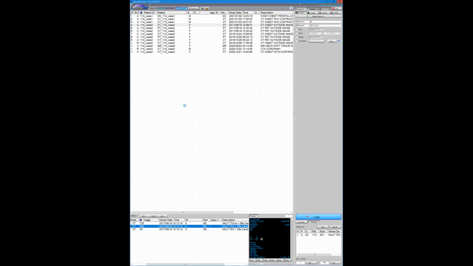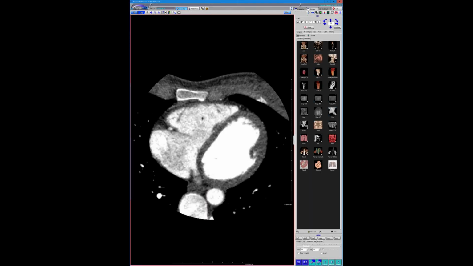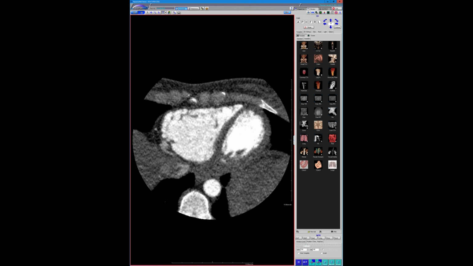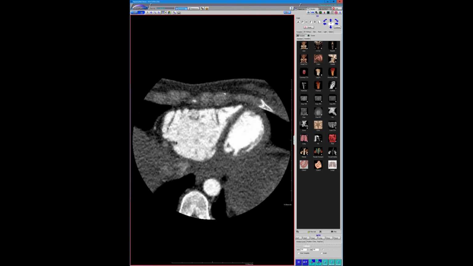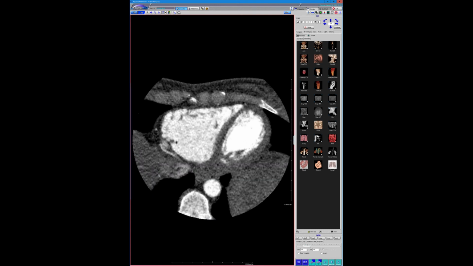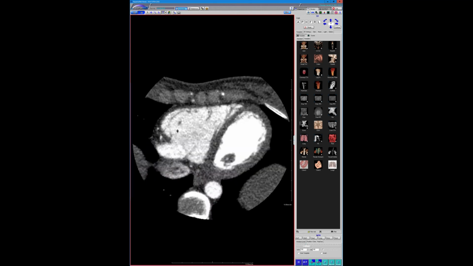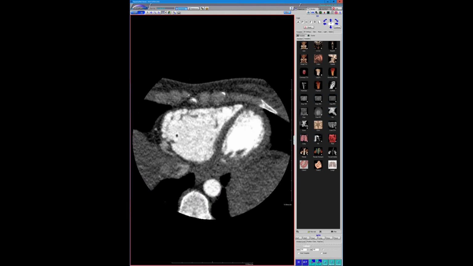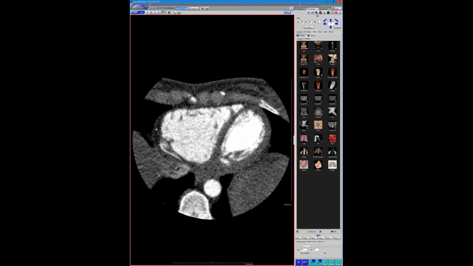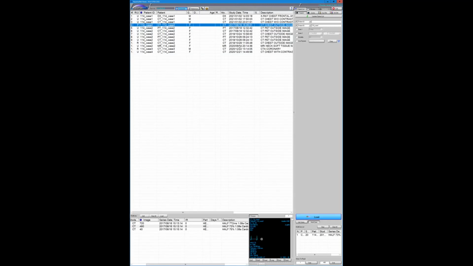So here is, this is an outside study, and you can see there's this kind of similar appearing hypervascular lesion off the RCA. Let me go to our CT if I can find it.